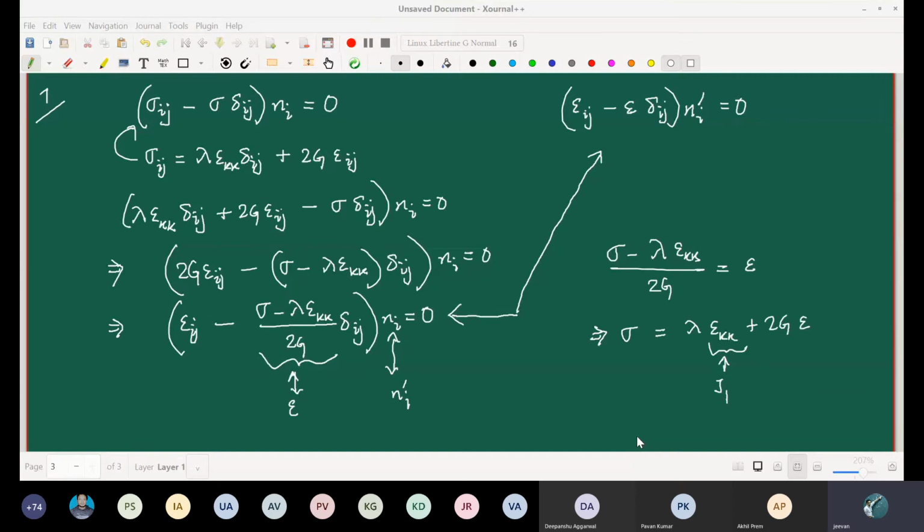But the subtle mathematical logic present here is that if you have a general tensor like epsilon ij or sigma ij, the eigenvalue statement for that should be a unique one.